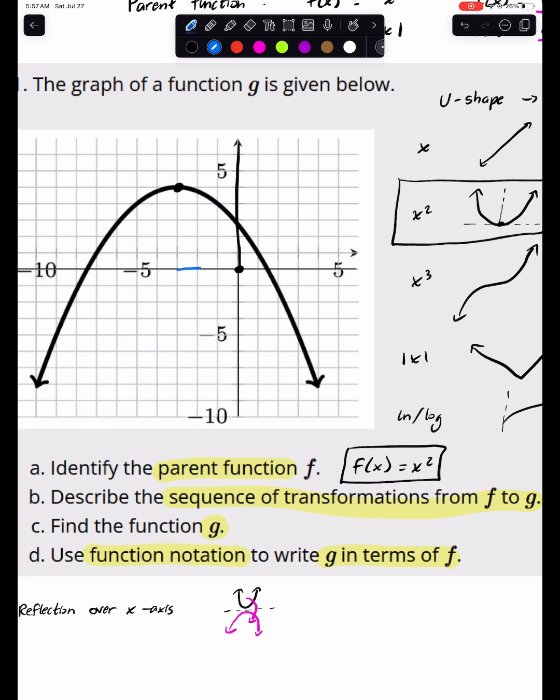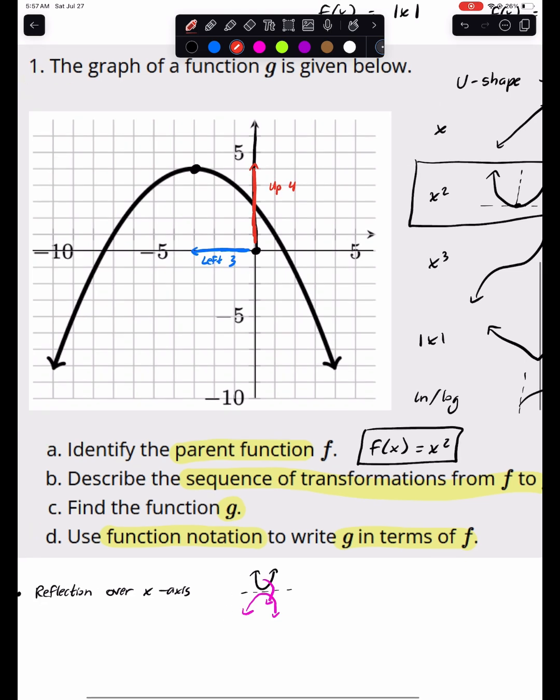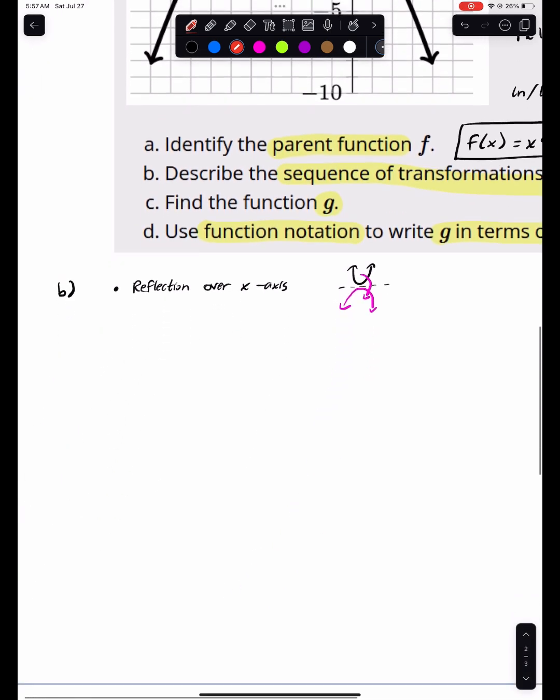So we can see that from here to here is left 3, and from here to here it's up 4. So I have 2 more transformations.